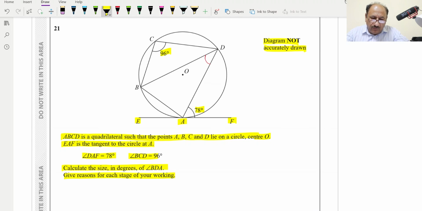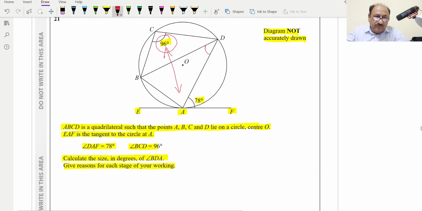So first of all, we can figure out basically this angle is 96, and in a cyclic quadrilateral opposite angles should add up to 180 degrees. So these two angles should add up to 180 degrees. So what we will write?